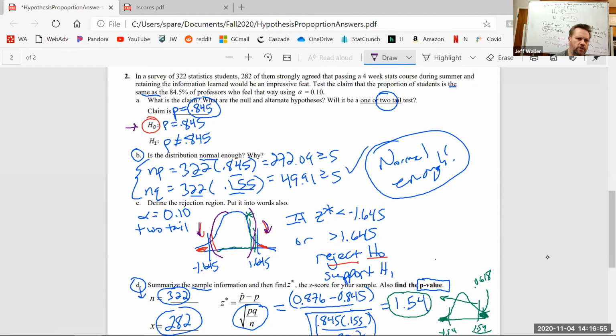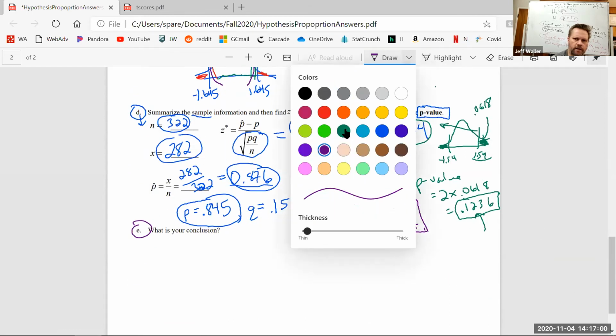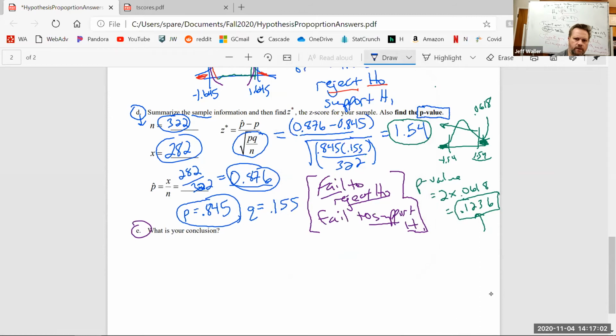Yeah, the H0. So I want to use this language because I want to talk about the claim. I don't want to use that language. You don't guess. You use the one that relates to the claim. The claim was the null, so I'm going to use this language.